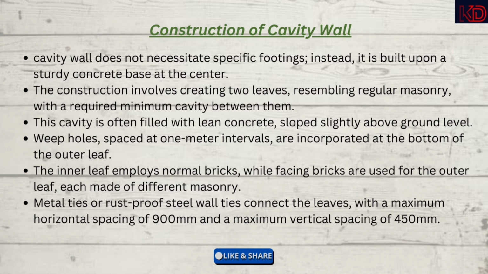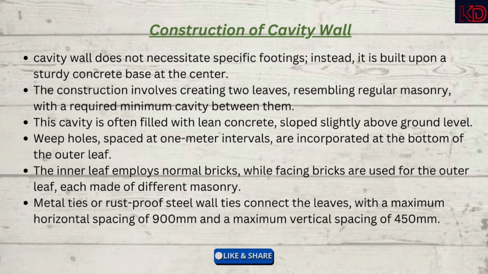That is the kind of frame structure. But with a cavity wall, we need not construct any footings. Instead, we can build it on a direct sturdy concrete base. It can be constructed on this concrete base.